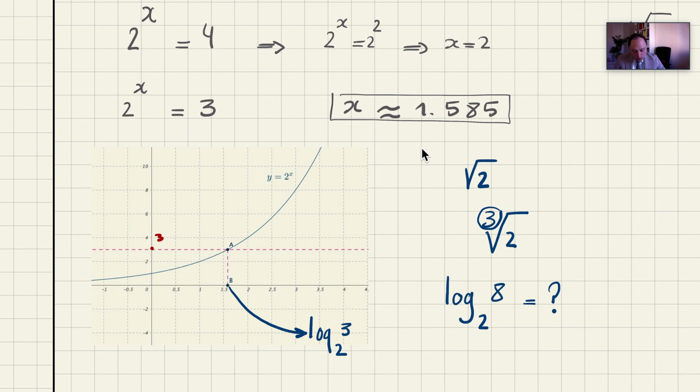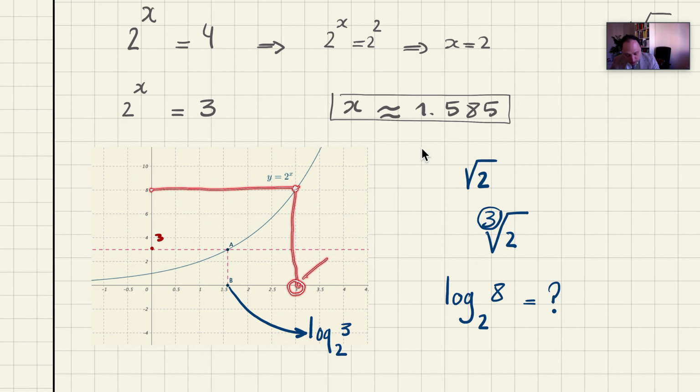It's 3. Why? Because what I have to do, I have to start from 8. I go at point 8. I draw a horizontal line. I intersect here and I go down. I reach to which number? I reach number 3 on the one hand.